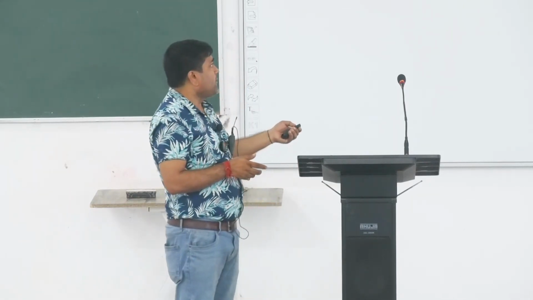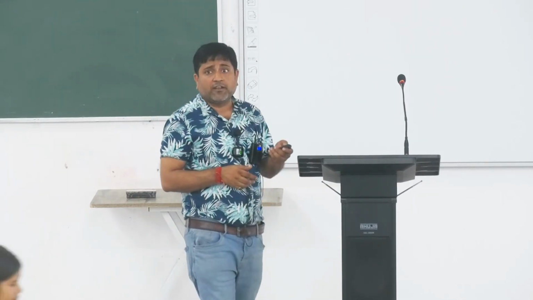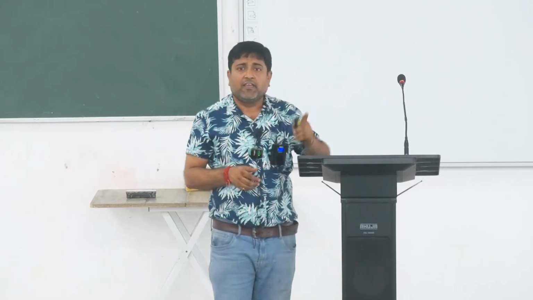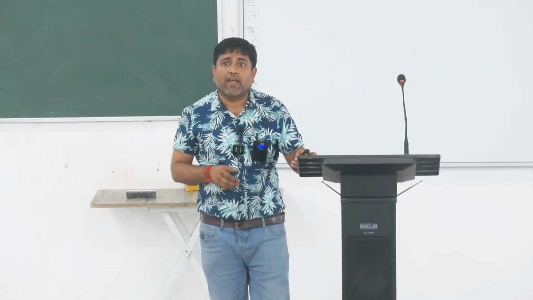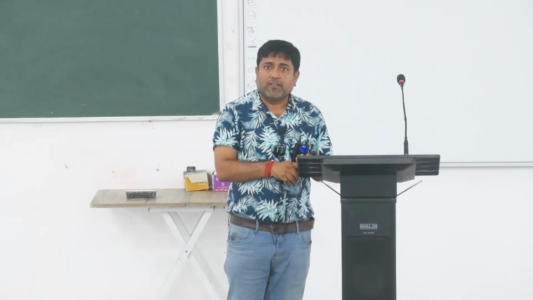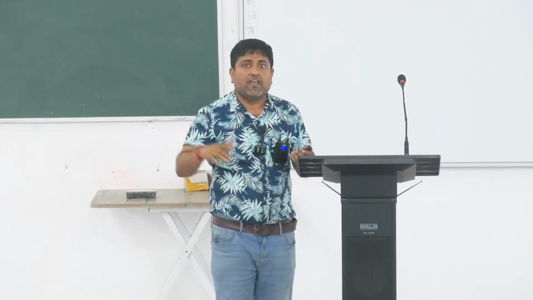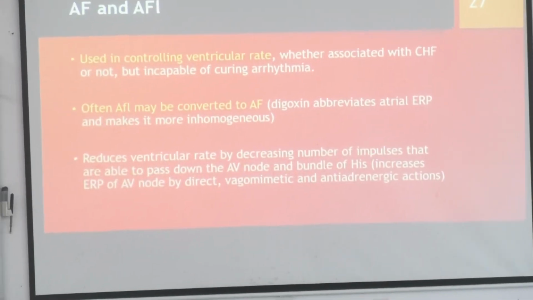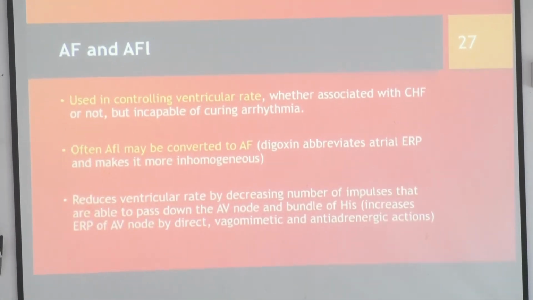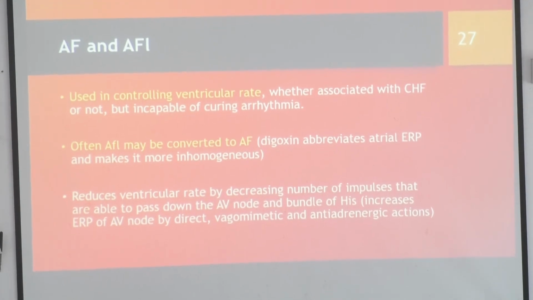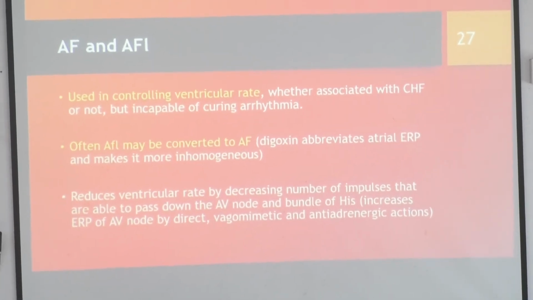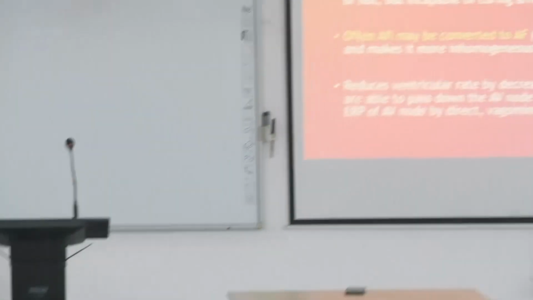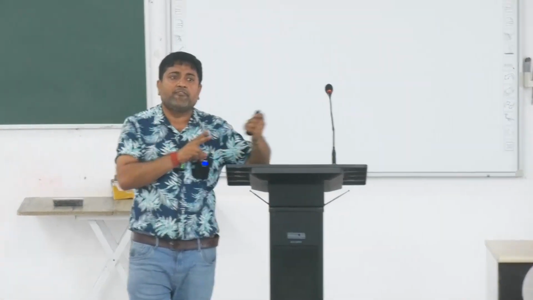Now, what is happening? Because of decrease in the effective refractory period of the atria by the digoxin, the atrial rate becomes higher and becomes inhomogeneous, and hence the atrial flutter is converted to atrial fibrillation, and this is a welcome sign in treating a patient of atrial flutter, because ventricular rate can be controlled easily in atrial fibrillation patient than atrial flutter.